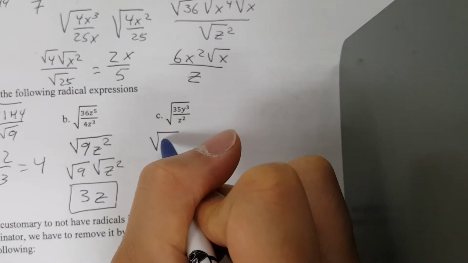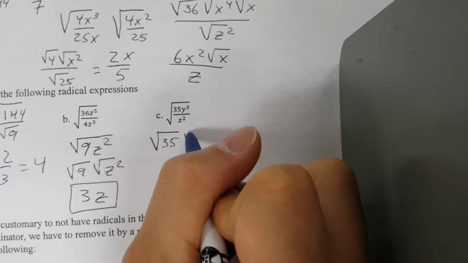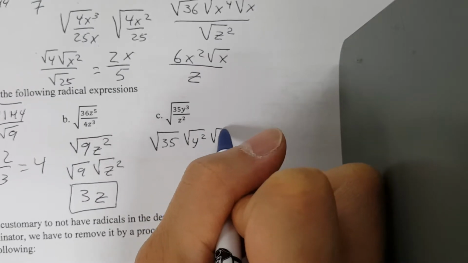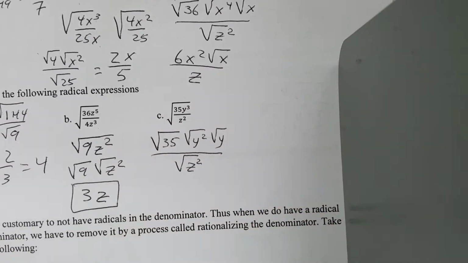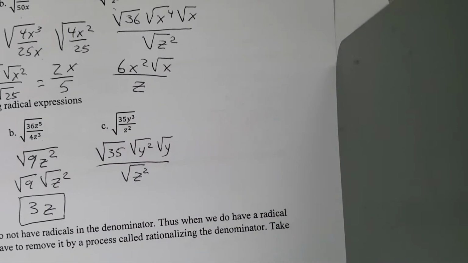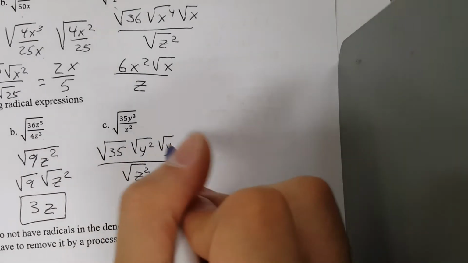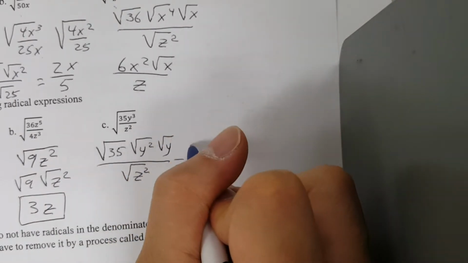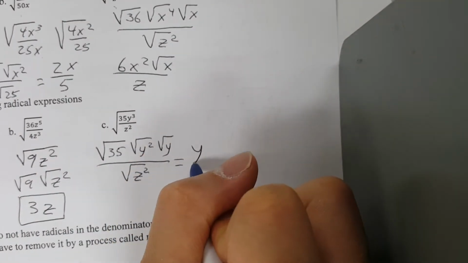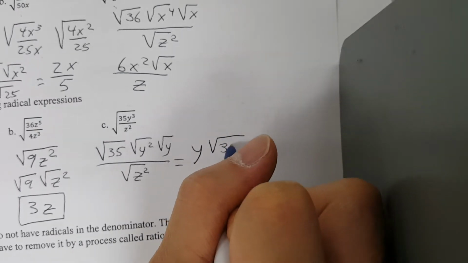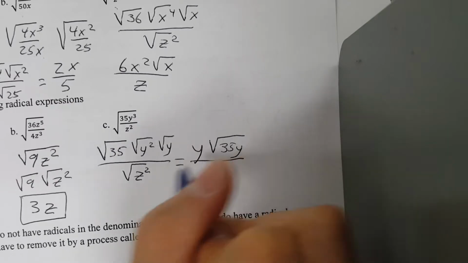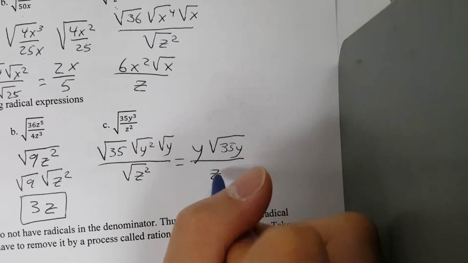So this turns into square root of 35, y squared, y, and on the bottom, it's just z squared. I can't simplify the square root of 35. So what ends up happening is the square root of y squared is y, and the square root of 35y goes here. And the square root of z squared is z.